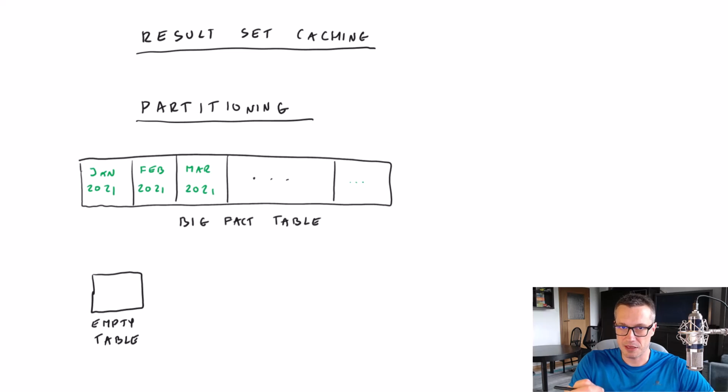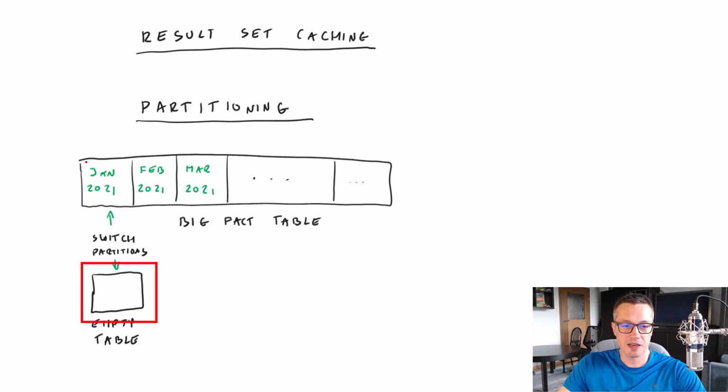And as a first step, what we would do would be to switch partitions. That's the first type of operation we can do on partitioned tables. So we would switch partitions. We would basically switch our empty table with the first partition from our big table.